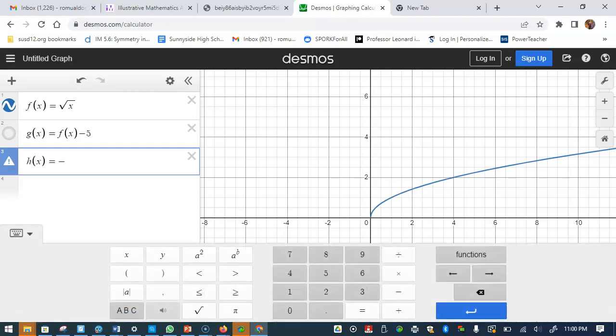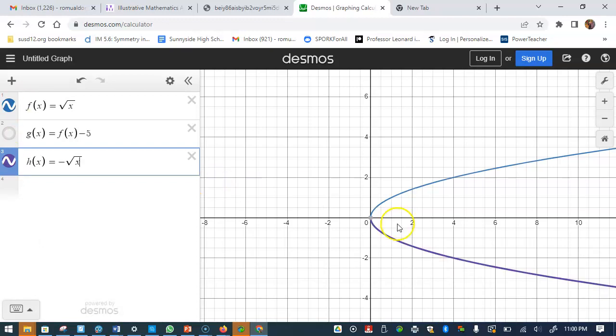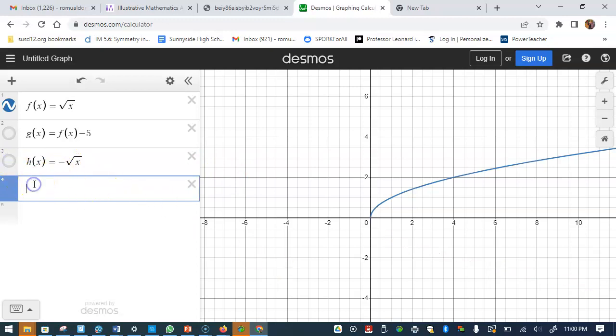You can see the graph, the blue graph, reflects over the x-axis. So the minus changes the sign of the output. This means it reflects over the x-axis.